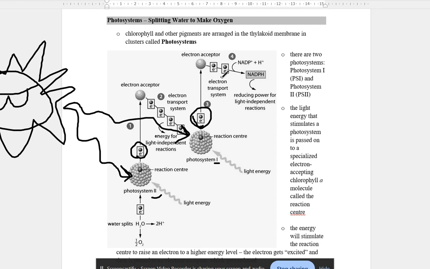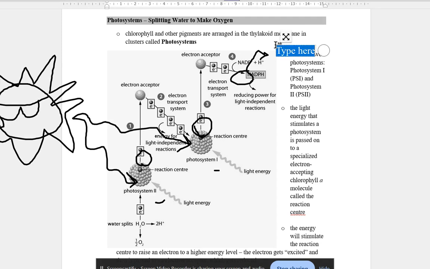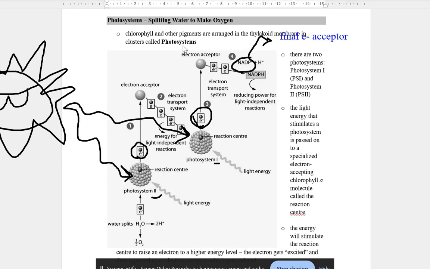So this electron transport system in the thylakoid membrane sends the electrons to the final electron acceptor. This final electron acceptor, his name is NADP+. Think of it, P for photosynthesis. So this is the final electron acceptor of photosynthesis.